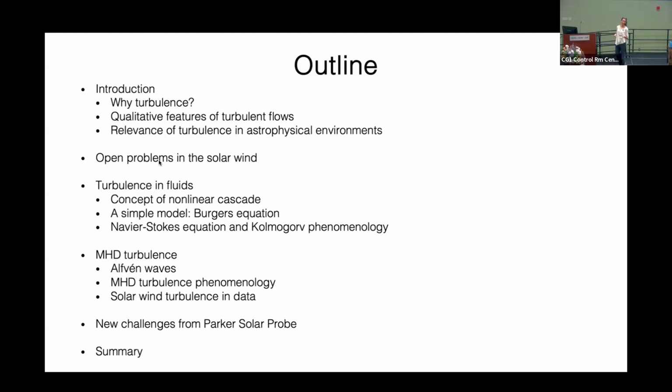In fact, the first studies of turbulence start with fluids before moving to MHD turbulence. And then discuss how much of all of this work explains observations.